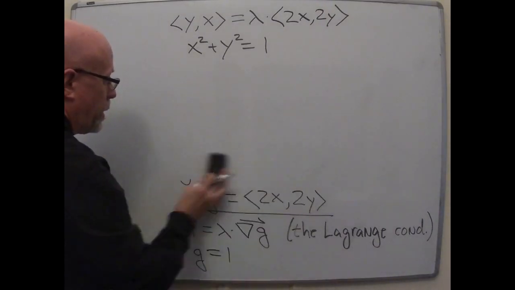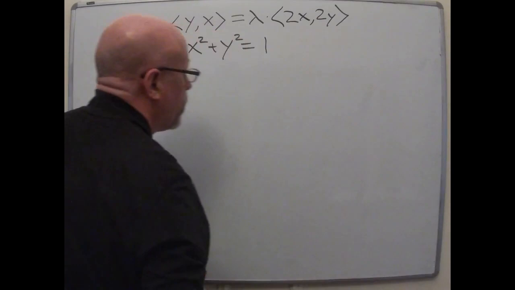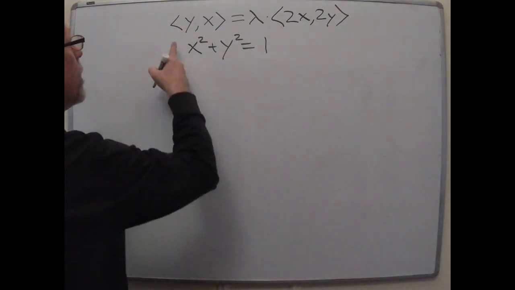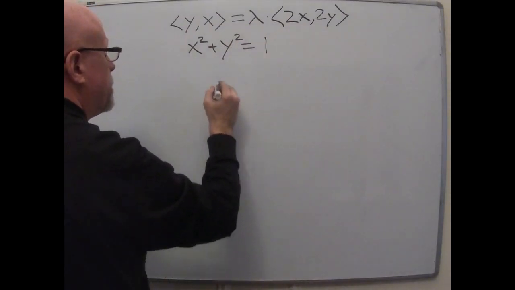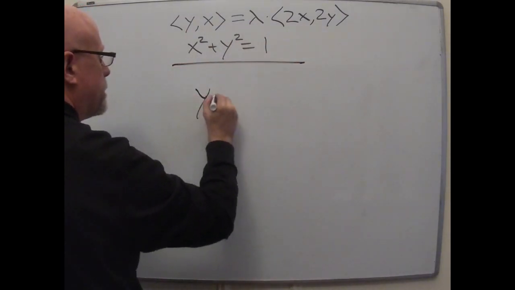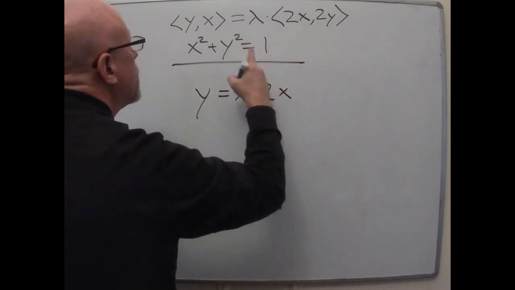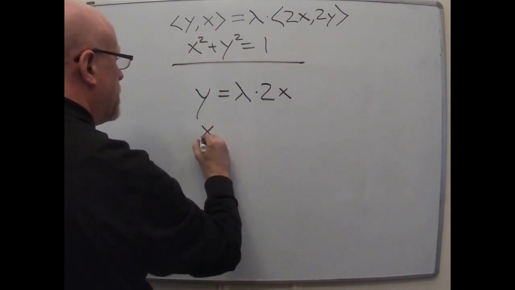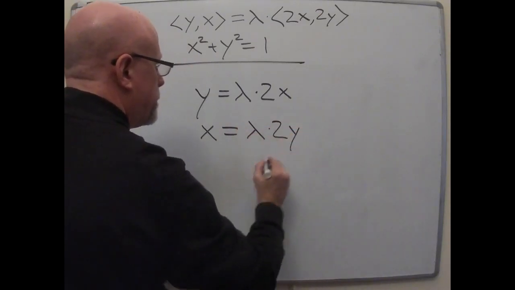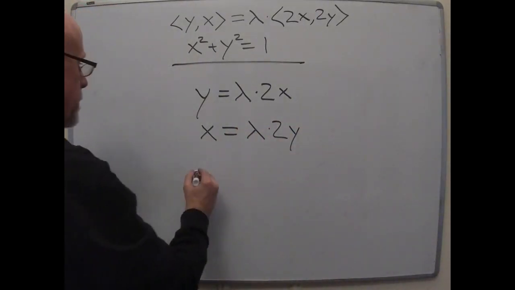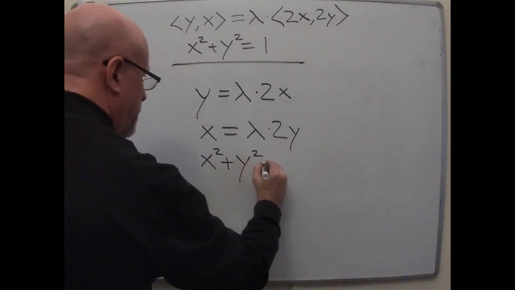So let's write them down separately. What's going on in the x coordinates and what's going on in the y coordinates. The x coordinate says that y is equal to lambda times 2x. The y coordinate says that x is equal to lambda times 2y. And then the constraint condition is that x squared plus y squared equals 1.